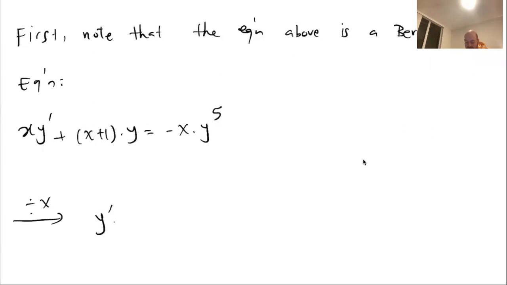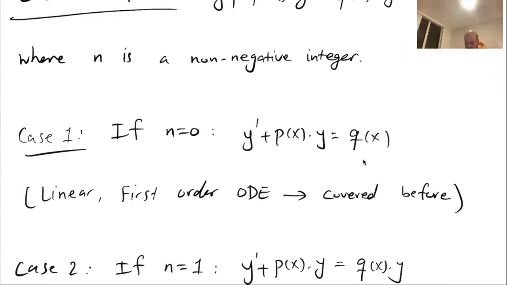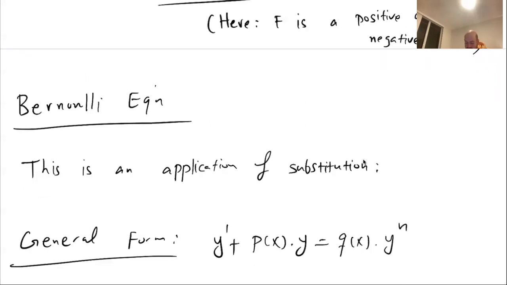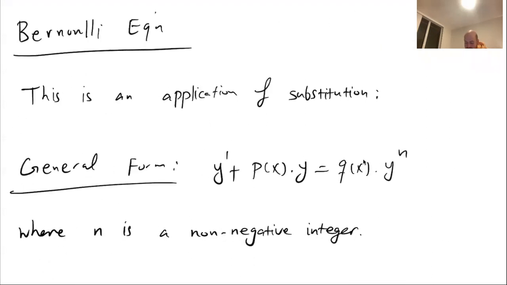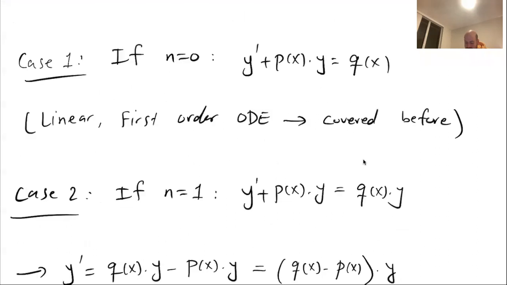Then I get y prime plus x plus 1 over x times y equals minus y to power 5, because the general form was y prime plus p of x times y equals q of x times y to power n.